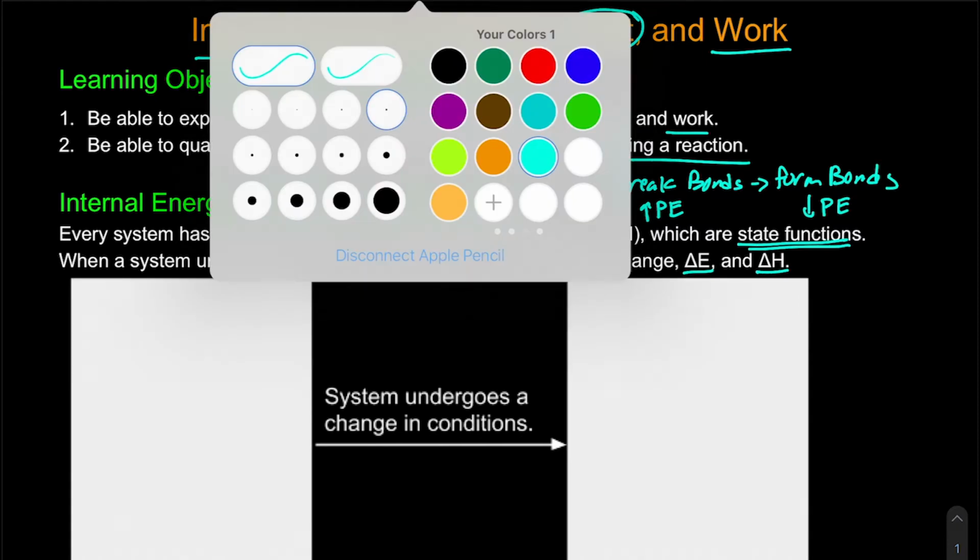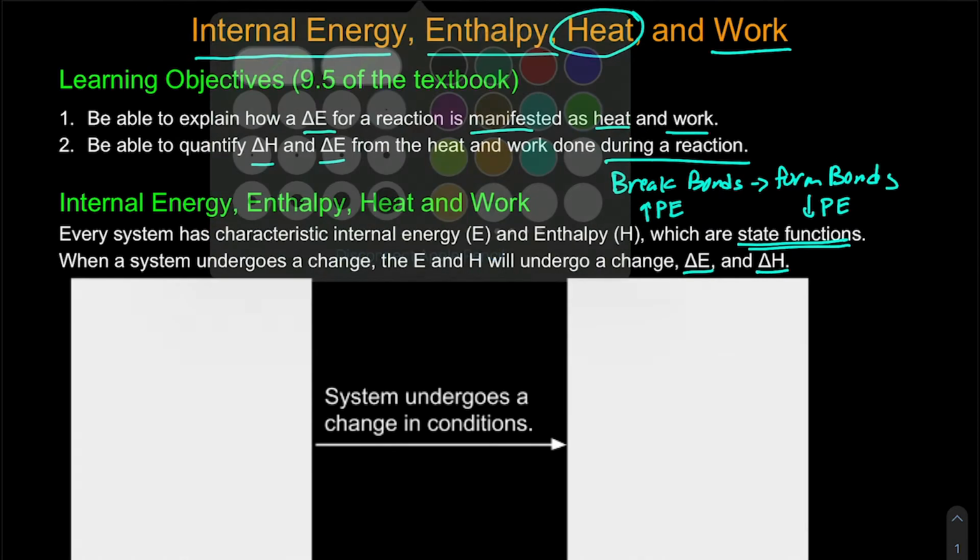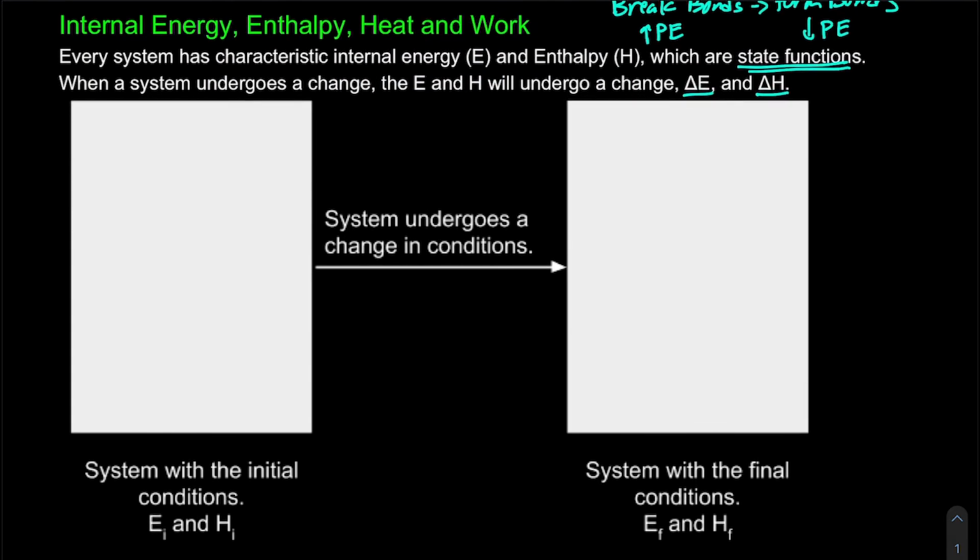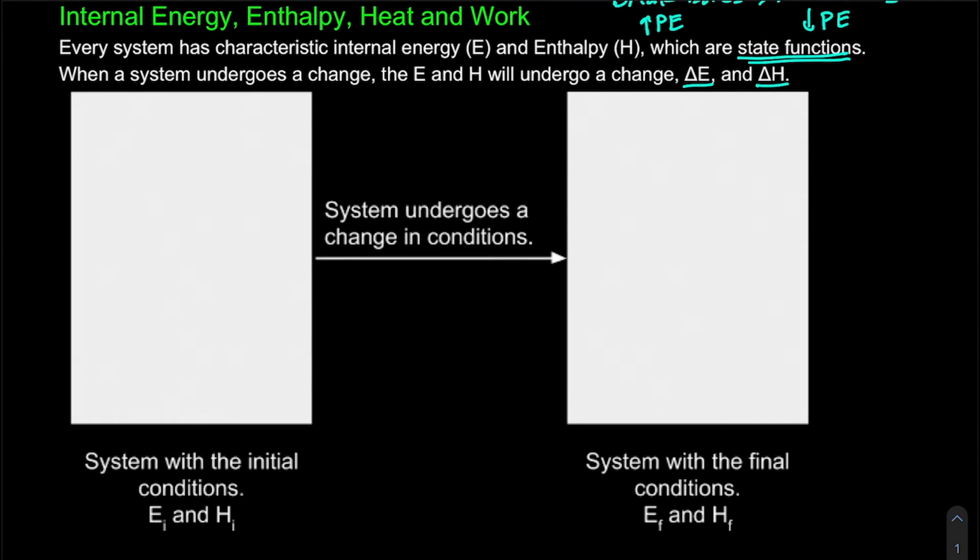So now when we're looking at this specific system that we have here, let's go ahead and say, we have some system with initial conditions. So that means we have some initial internal energy, and that would be some amount of kinetic energy and some amount of potential energy, because our internal energy is the sum of all the energy in that system.